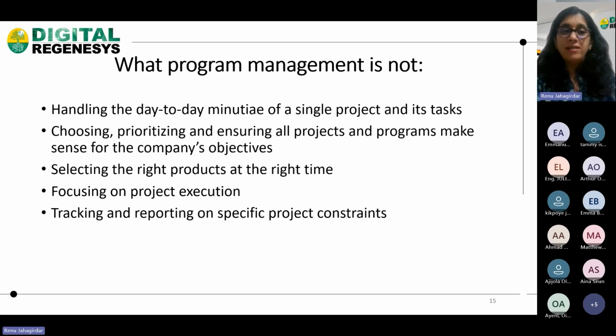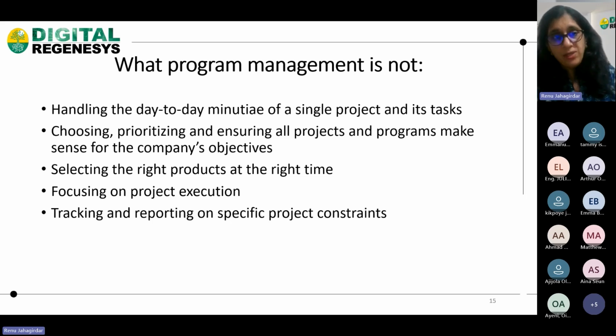Selecting the right products at the right time is not program management. Focusing on project execution is not program management. Tracking and reporting on specific project constraints also is not program management.